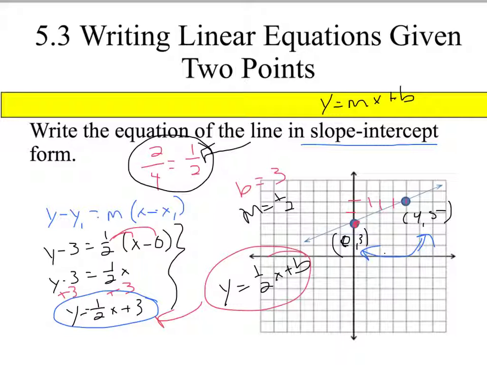Not if it's right in the middle of 2 points, we can't do that. Okay, but if it's right on that line and it's an easy point to graph, okay, we can write that in there. Half x plus 3.